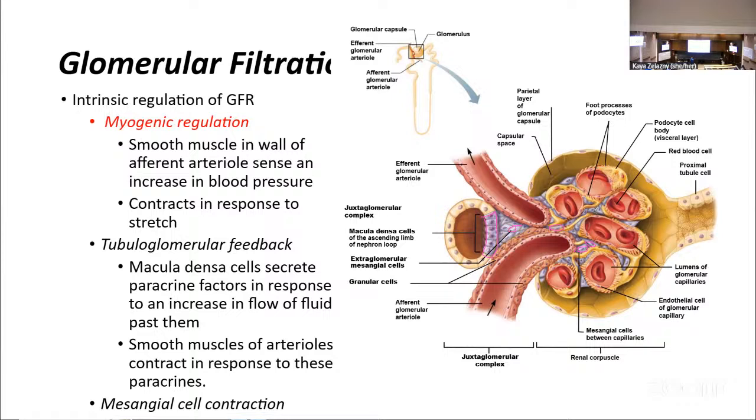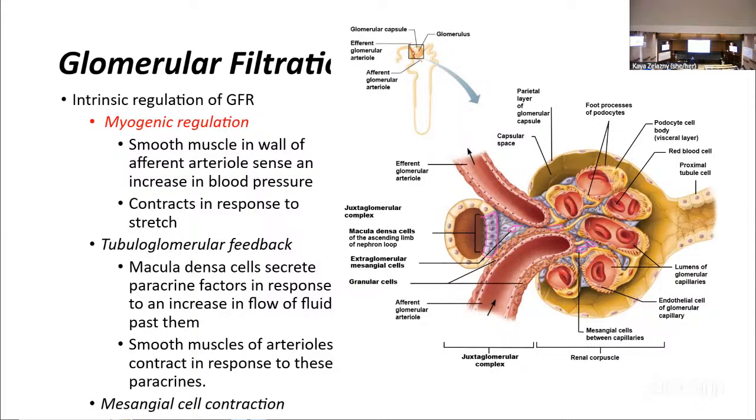If they do that, we've essentially made it harder for fluid to get through those walls of the glomerular capillaries and move into the nephron, right? So we're slowing down the filtration by giving ourselves less surface area to work with.